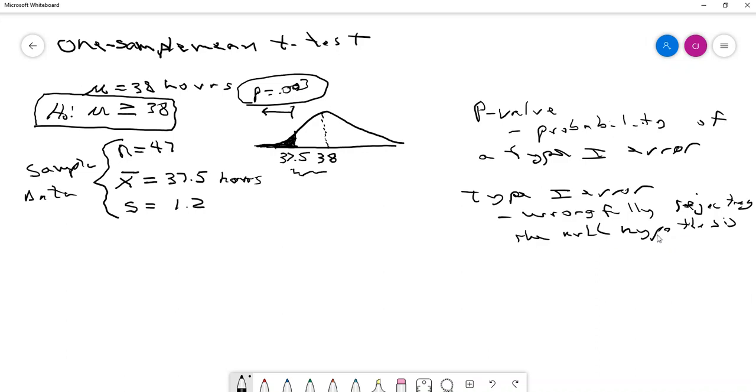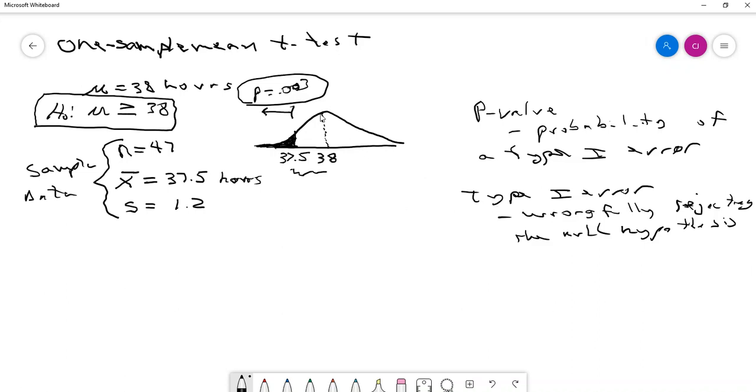So if we have a big chance of being wrong, we're not going to take that chance, right? We want to be confident. We want to be pretty certain about the claims we're going to make. If we make modifications to that assembly line, and they don't help, well, then all that time we lost making those modifications is kind of a waste of time and money and so on.